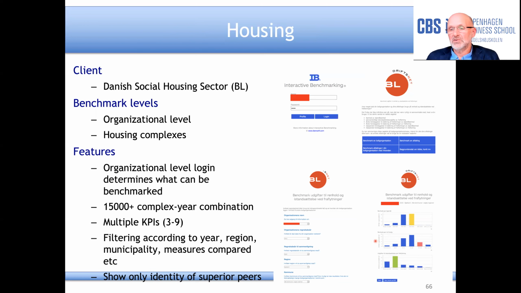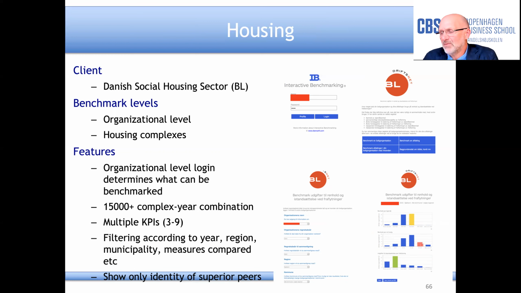Basically you log in as either an organization or as a specific housing complex, and then you can learn. You get an idea, for example, down here, I'm located here in the red. This is a KPI which is cleaning: how much does it cost to clean per square meter of housing?